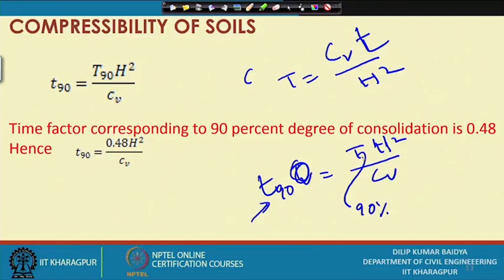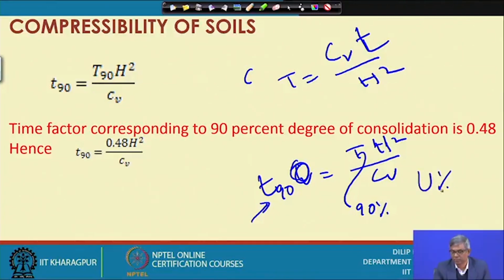For this we have to find out T90. How will you get it? You have got U90 and from there corresponding T90 we can get. So, either way, if you read t90 from the graph and if you know the thickness, then you can find out the CV.